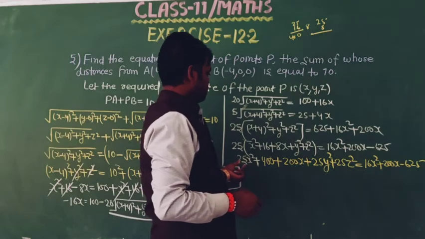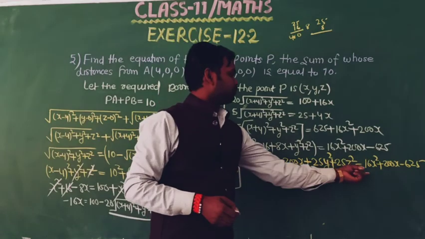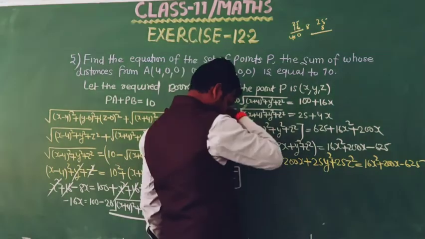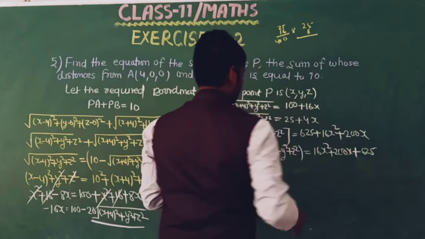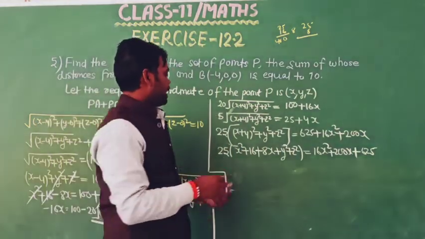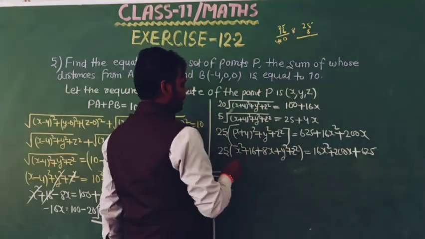So yes, 25x square minus 16x square. Okay, now multiply 25 in all the entire terms.